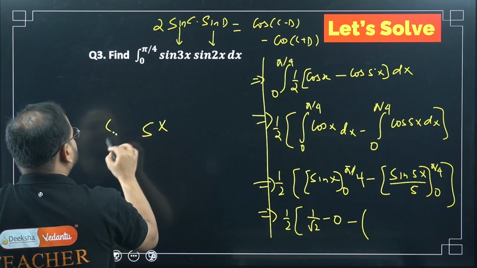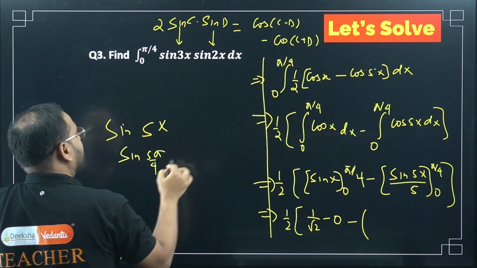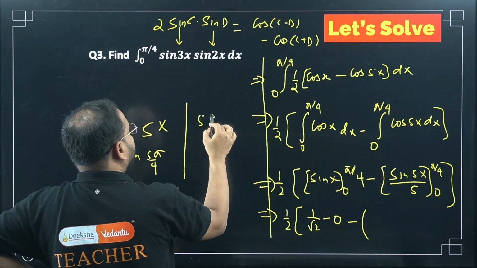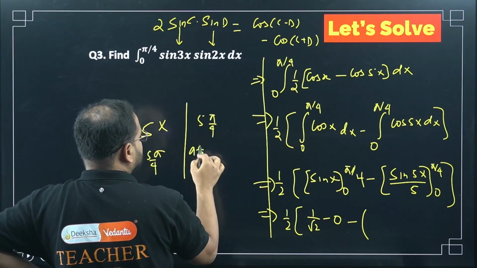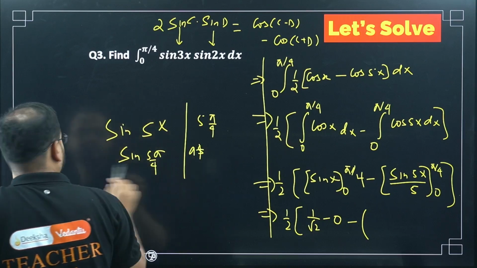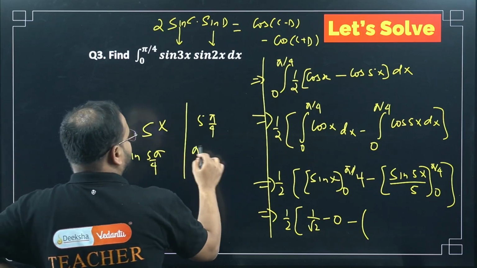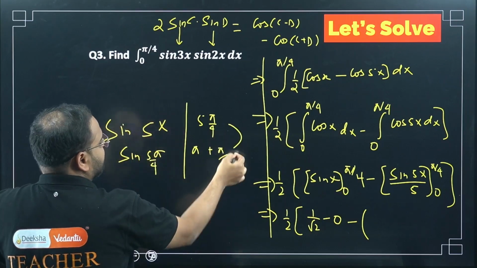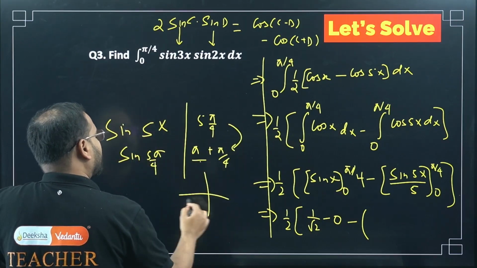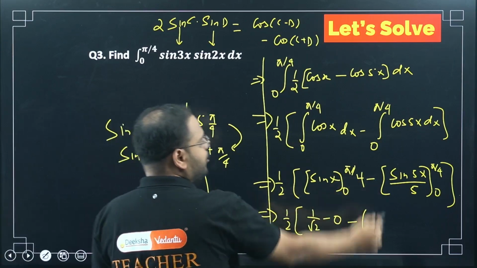Sine 5x is there. Sine 5 pi by 4. What's the angle? 5 pi by 4 is nothing but pi plus pi by 4. I'm trying to explain the quadrant rule for this particular question. Add this, you'll get the same angle. Which quadrant is this? Quadrant number 3. Is sine positive in quadrant 3? No, negative.